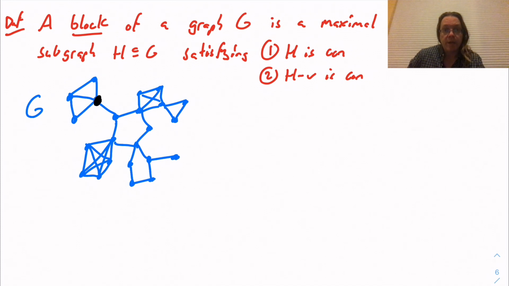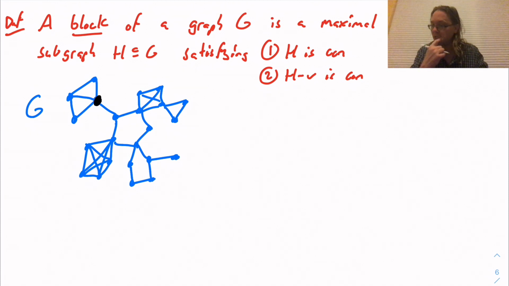If you want to make a block of G, you're not going to be able to take a vertex to the left of that black vertex and also to the right, because then those two vertices, if they're in a connected subgraph, you're going to have to contain this black vertex.